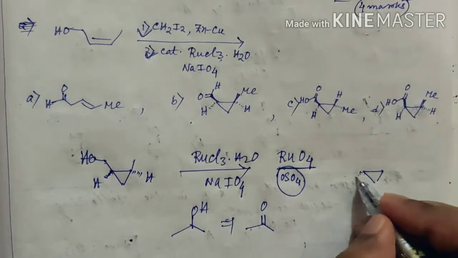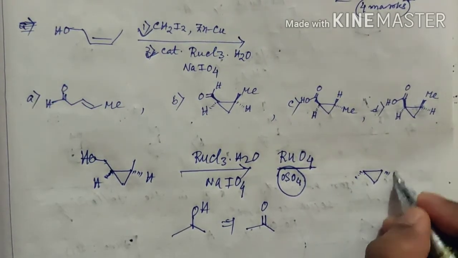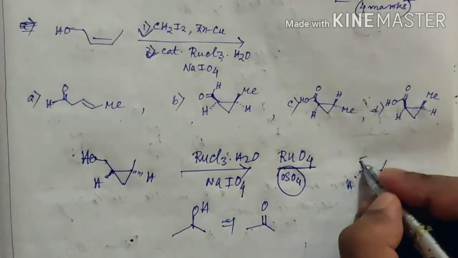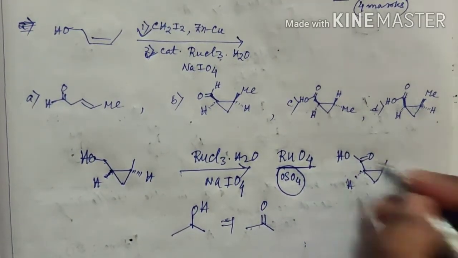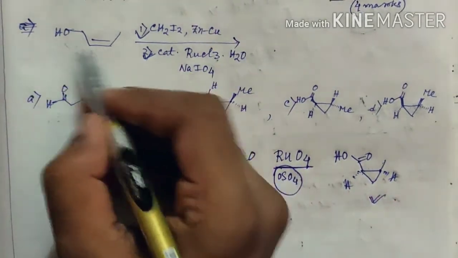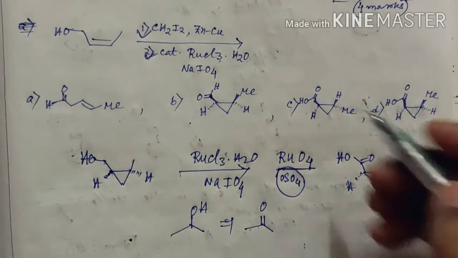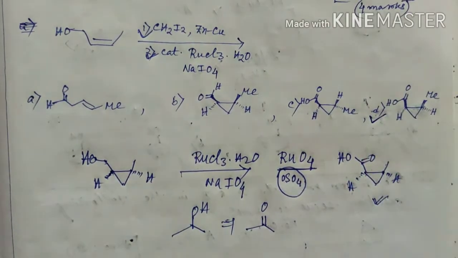So the final product will be the acid. This is the final product of the given reaction, and from the given options we can see that option D is the correct answer.